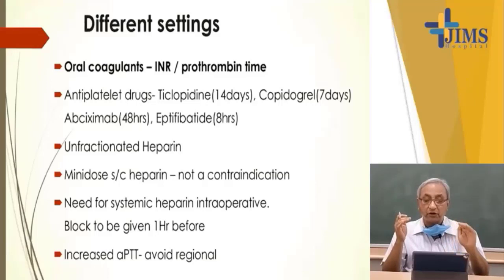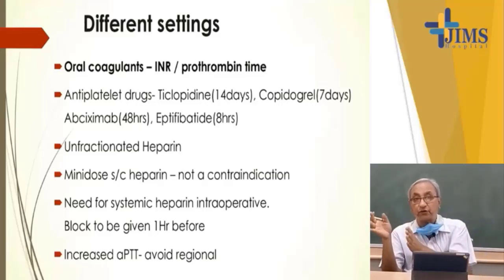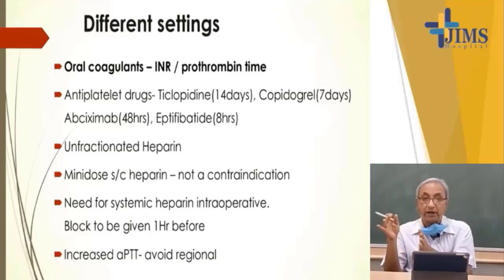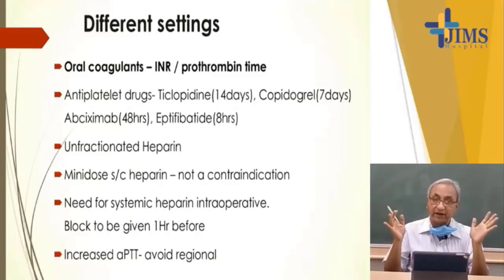How is it caused? Because of antiplatelet drugs like ticlopidine, whose effect lasts for 14 days, and clopidogrel, whose effect lasts for 7 days, and there are other drugs which are not available in India which have a much more profound effect.